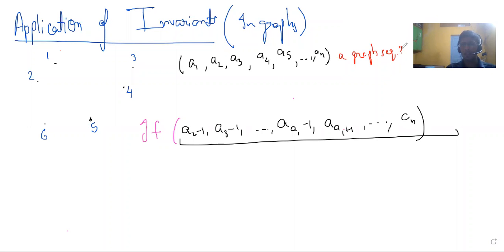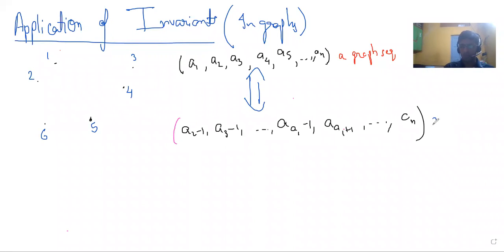This is a graphic sequence if and only if this is a graphic sequence. So we want to say that if the first one is a graphic sequence, then the second one is a graphic sequence. The other direction we have shown already.